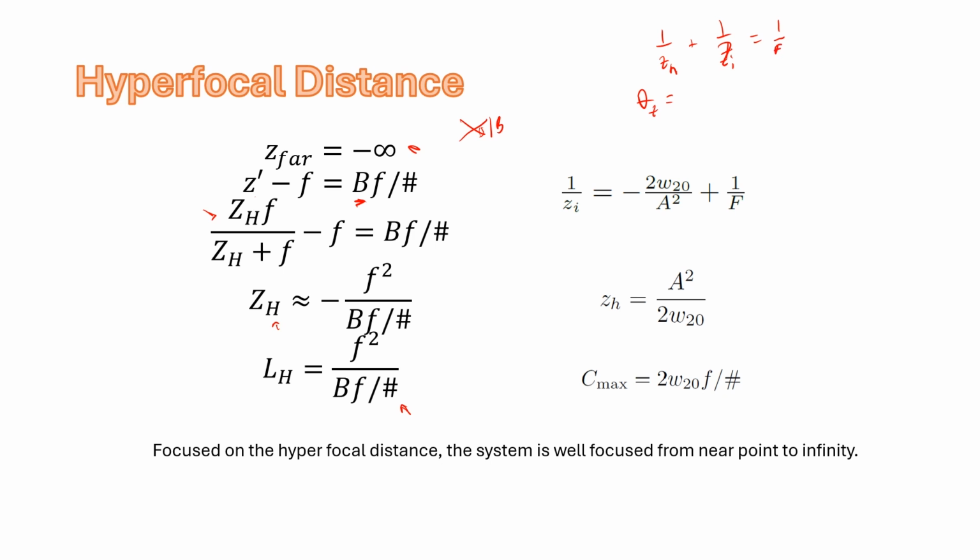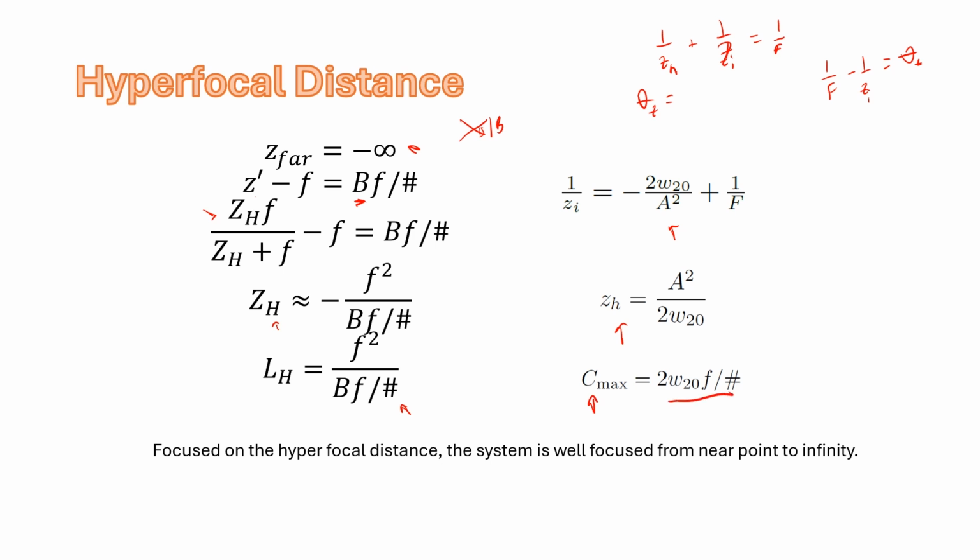If we set this equal to 0, then at infinity, 1 over f minus 1 over Zi is equal to this maximum wavefront error theta_Z, but for theta_Z we'll substitute 2 W20 over A squared, and now we solve for the hyperfocal distance in terms of this maximum wavefront error, and we find this value, and that allows us to relate this circle of confusion to the wavefront error as shown here.